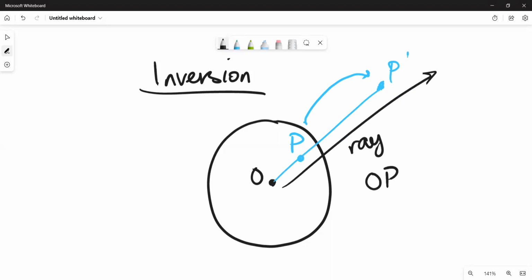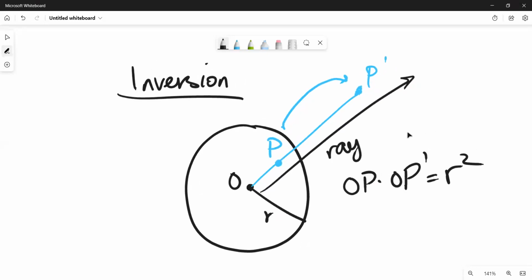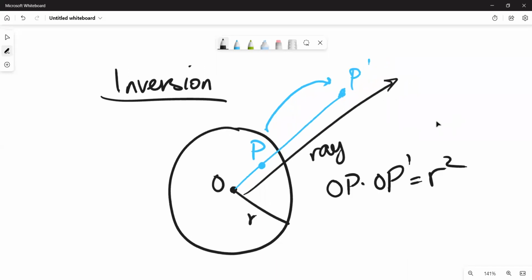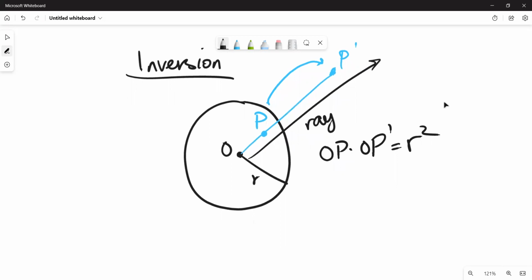And OP times OP prime is r squared, where r is the radius of the fixed circle. So that's inversion. It's kind of like reflection, but then your mirror is now a circular surface. If it's 3D, then it's a spherical surface. So inversion is just reflection across a circular mirror.